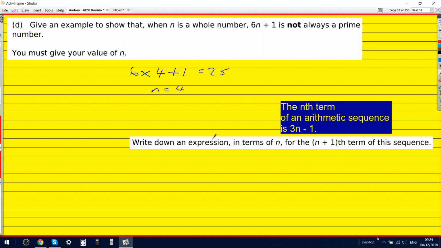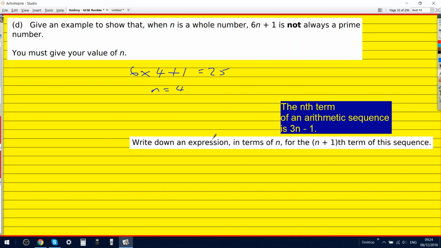So basically, like with the previous one, you subbed in a number. This time you're subbing in n plus 1 instead of n. Sorry, I just have to get my pen. Sorry, any ideas about that one?